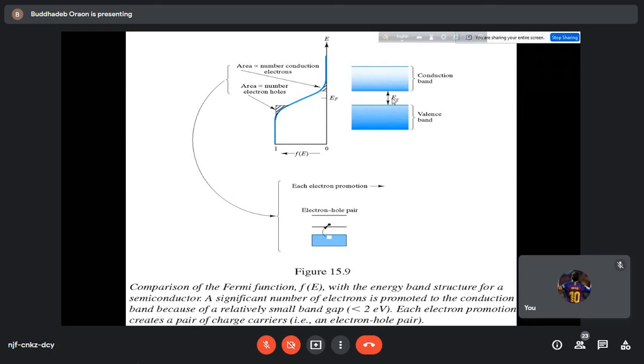They will have an energy level beyond this Fermi level, so they will be free, and they will act as charge carriers. Now the area that has been shaded here is proportional to the number of electrons that we are getting on the higher side, and this will be equal in the case of an insulator.